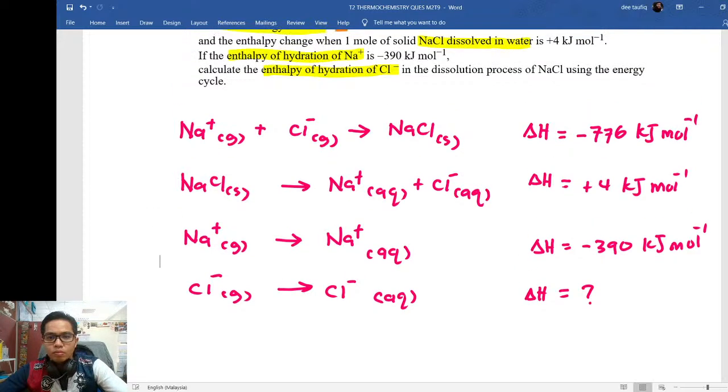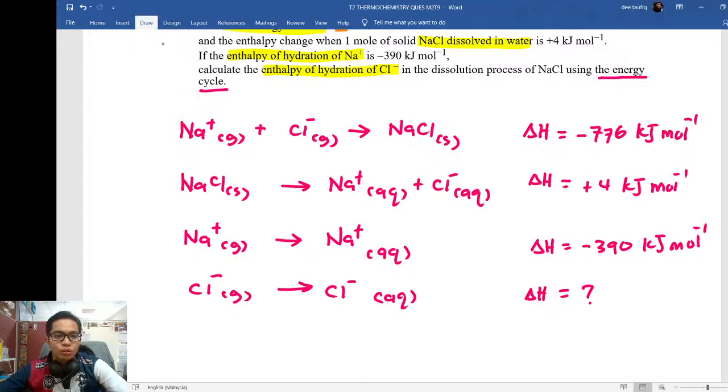Okay. Then calculate enthalpy of hydration of Cl minus by using energy cycle. So instead of the algebraic method yang kita dah belajar pada hari Selasa hari tu, previously, the question asks you to use energy cycle. To use energy cycle, it is always advisable you guna equation yang paling panjang.